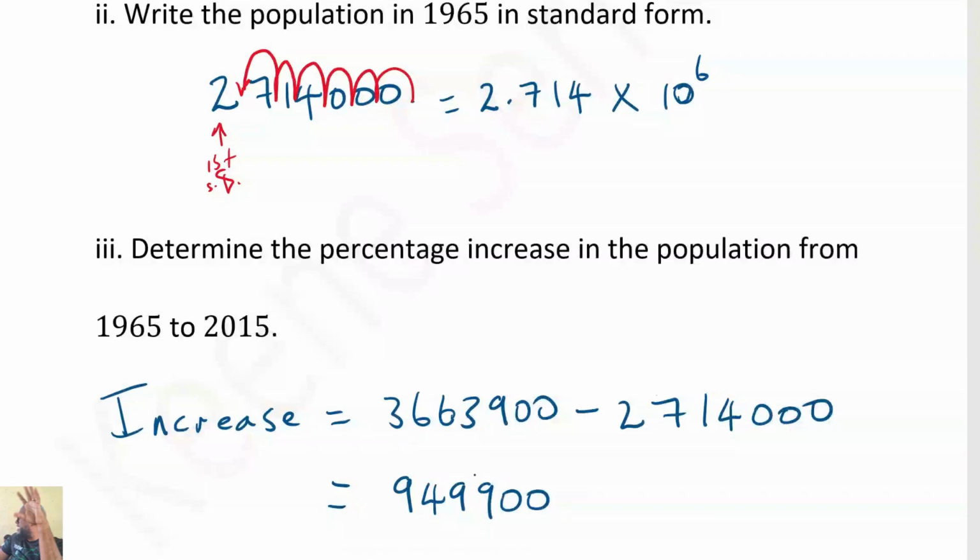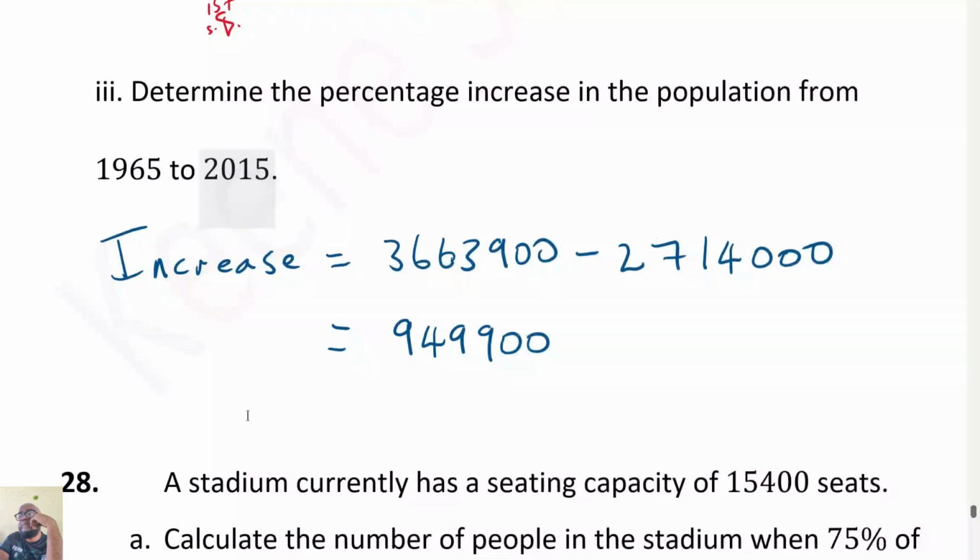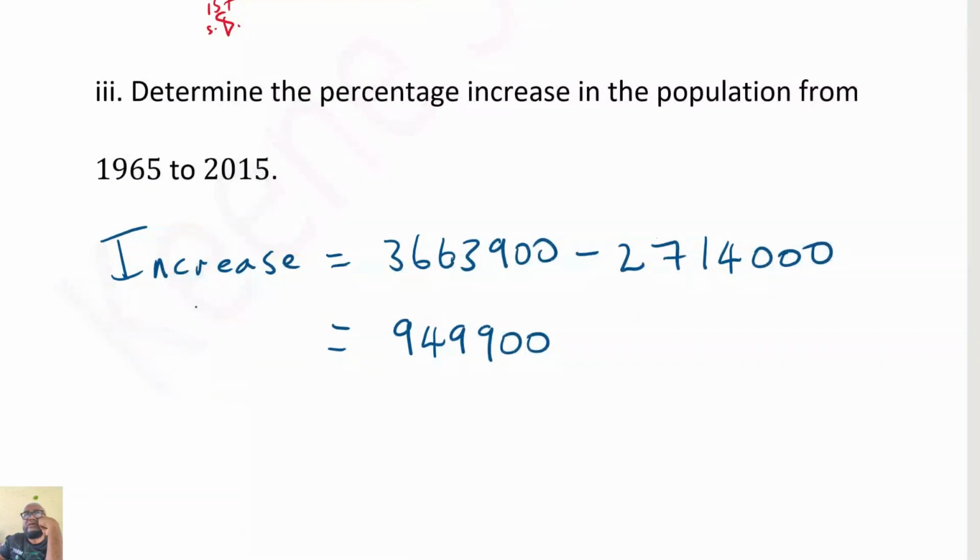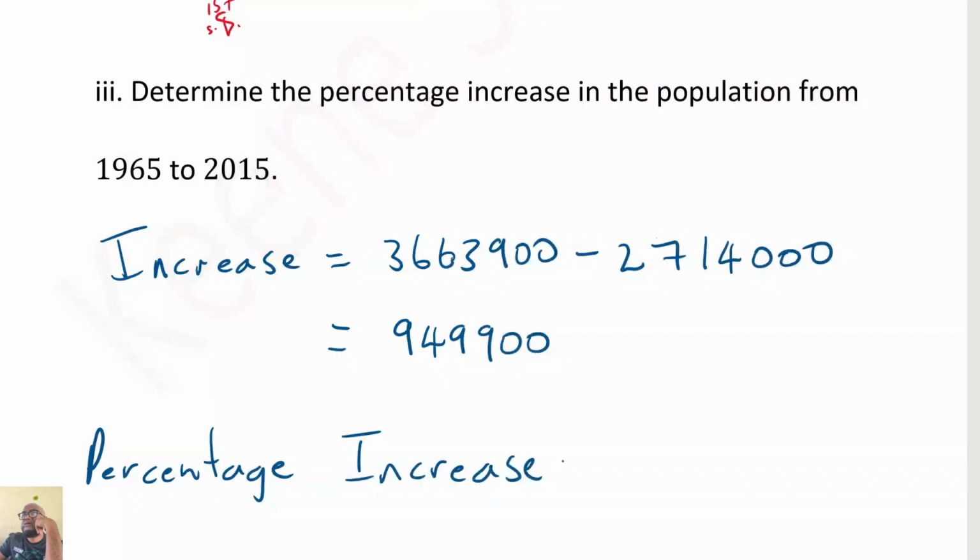Now we need to find the percentage increase. So underneath here, percentage increase would be equal to 949,900 over the initial amount of the population.